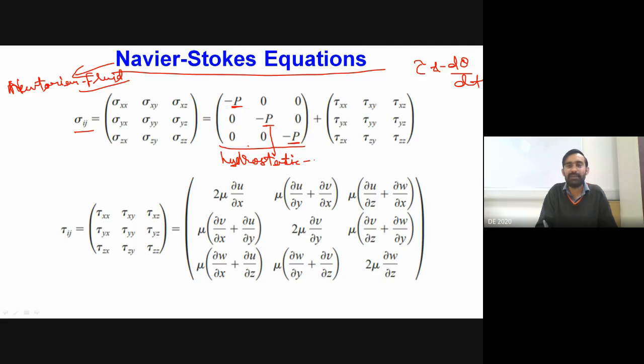Then we have a few stresses because of the viscosity of the fluid medium, which relate stress and the rate of deformation of the fluid medium. For Newtonian fluids, we have this matrix as a second order tensor, representing the value of different normal and shear stresses occurring because of viscosity. You can clearly see we have a linear relationship between tau and the deformation, because this mu is a constant.